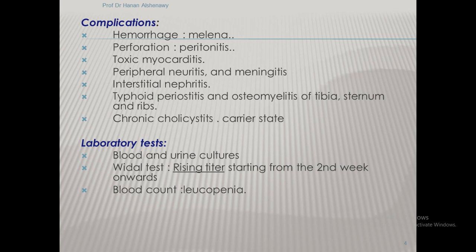I mean, I do it today and record the titer. I do it tomorrow and I record the titer. If the titer is rising, this is diagnostic for typhoid fever. And for sure, the blood count that we just mentioned: the white blood cells decrease in number with relative monocytosis and lymphocytosis.